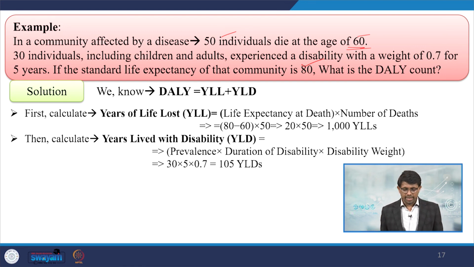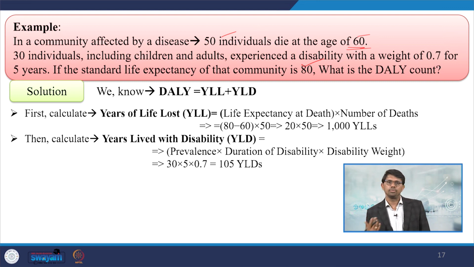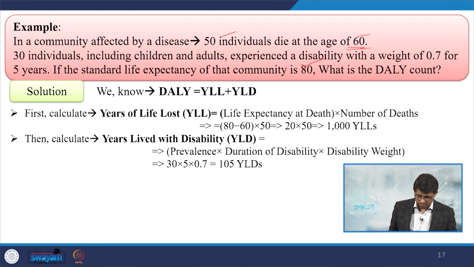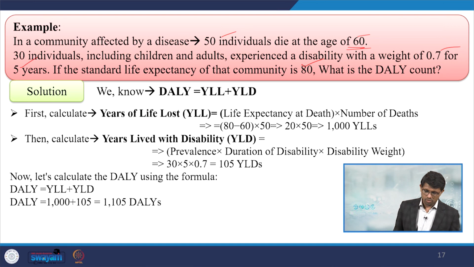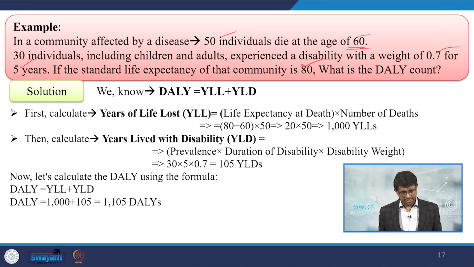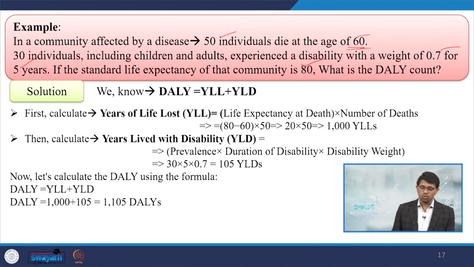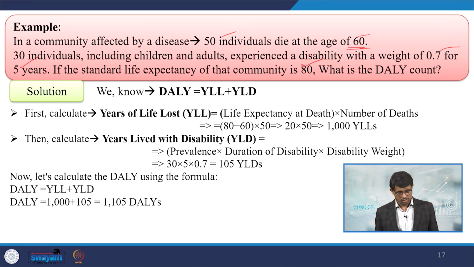Then we calculate YLD, which is the multiplication of prevalence, duration of disability and disability weight. The weight is 0.7, the duration is 5 years, and the prevalence is 30 individuals. Given these figures, by adding these two we find that 1105 is the DALYs. So the obvious question is how to avoid these DALYs, when DALYs are considered to be higher in number.